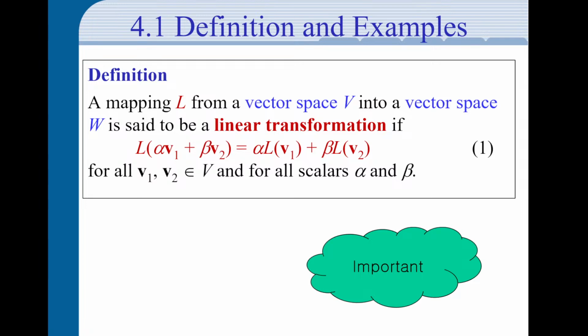So if you multiply by alpha, then the length is multiplied by the absolute value of alpha. And also you want to satisfy the triangle inequality. So the length of the sum of two vectors is less than the sum of the lengths. So the length of v plus w should always be smaller or equal to the length of v plus the length of w. Okay. So if some function satisfies those three things, then it's a norm.